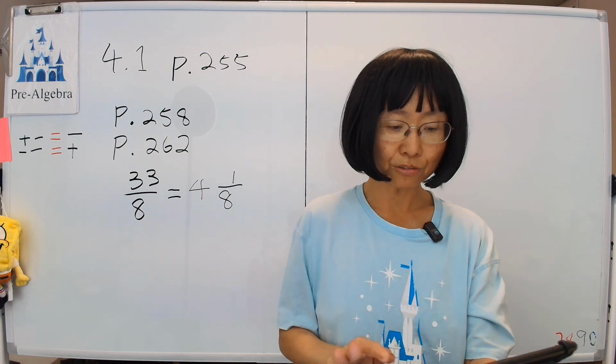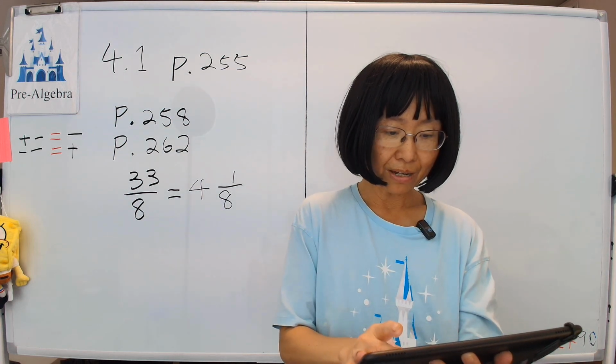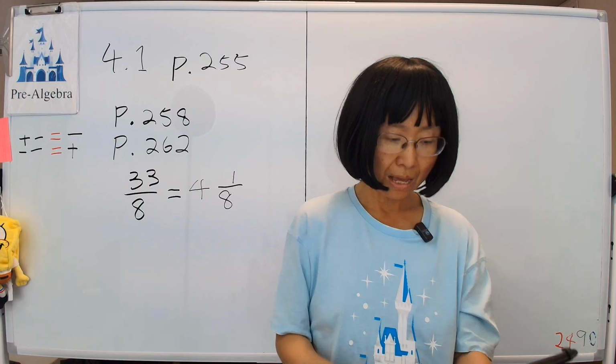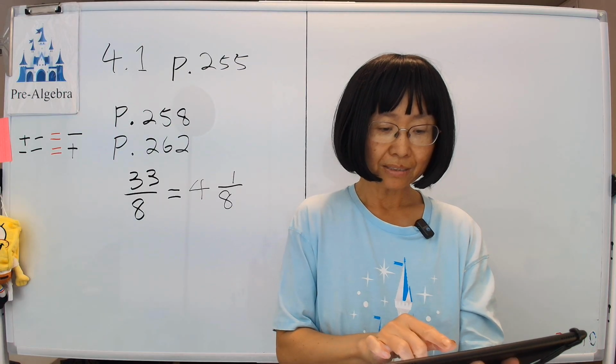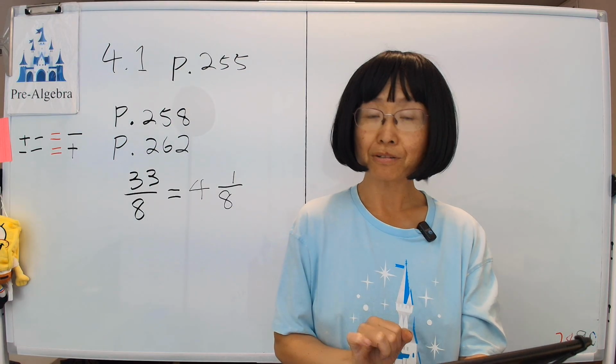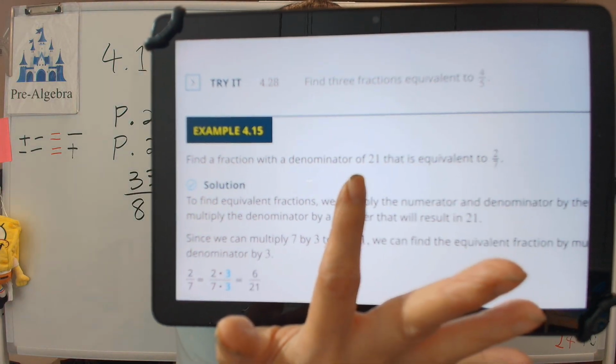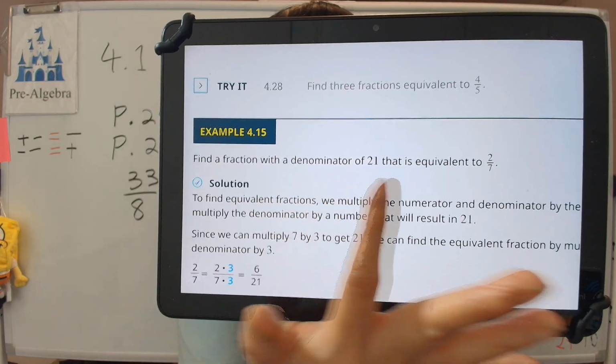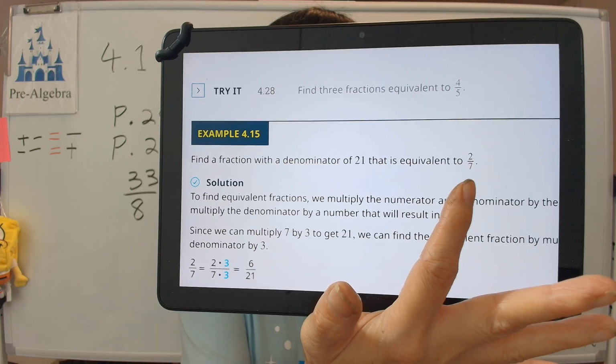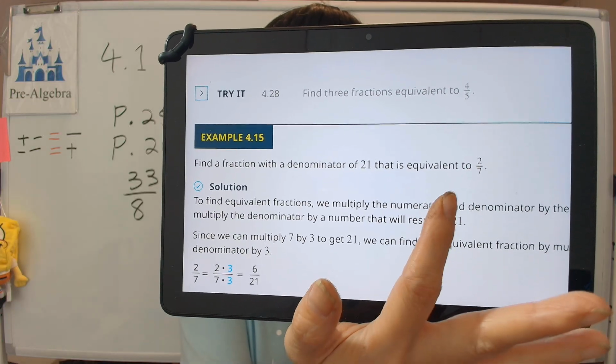So let's go to the next page. Find a fraction with a denominator of 21 that's equivalent to 2/7. The number on the bottom is called the denominator. The number on top is called the numerator.